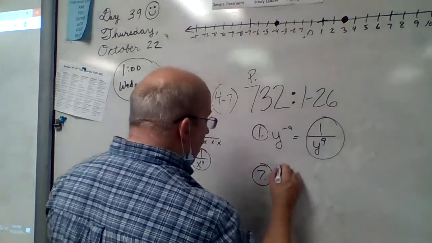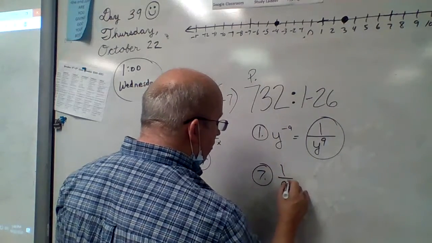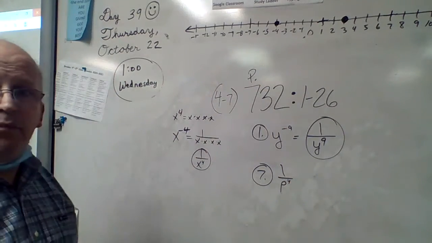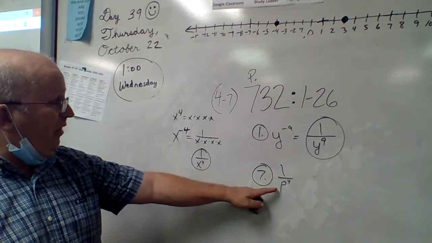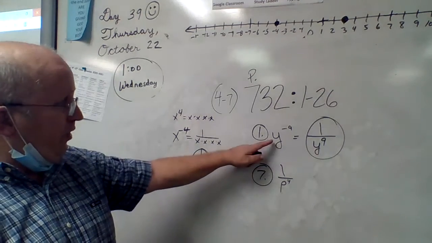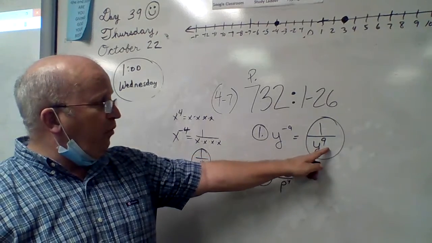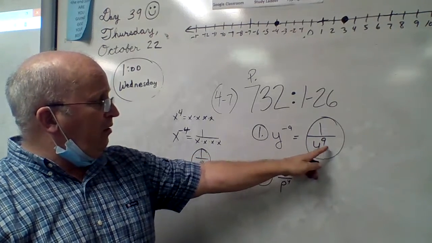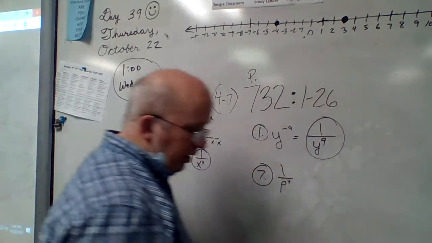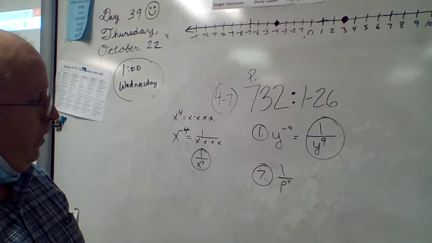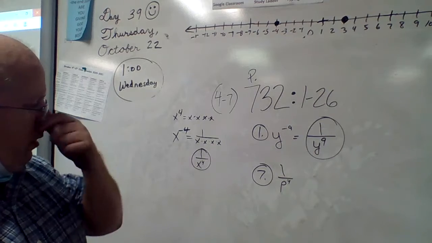They give us 1 over the top of p to the 4th power. Well, this problem is kind of like the reverse of this problem. They're asking you to go from this to something that looks like this, because the directions say they want you to create a negative exponent, right? So, what does that equal?